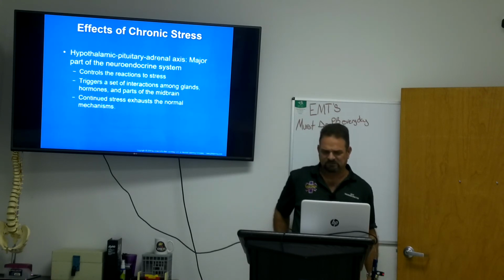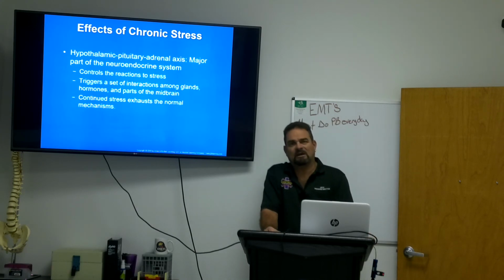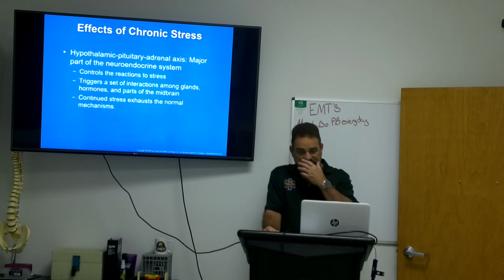Effects of chronic stress. The hypothalamic-pituitary-adrenal axis is the major part of the neuroendocrine system that controls all of our reactions to stress. This triggers a set of interactions among glands, hormones, and parts of the midbrain that mediate the general adaptation syndrome. If we have continued stress, it will lead to loss of these normal control mechanisms.